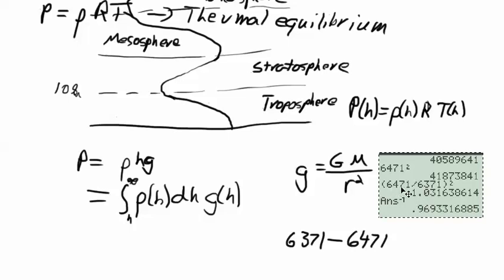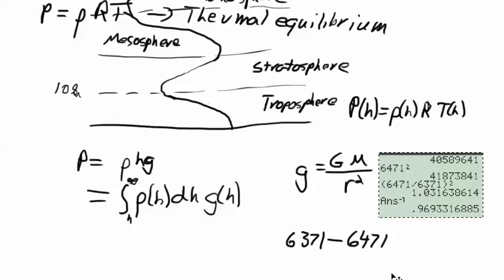You can see 6,471 divided by 6,371 squared is 1.03, or the reciprocal 0.969. So the gravitational field up above is about 3% less than the gravitational field at the surface of the planet. So really, the gravitational field is approximately constant throughout the Earth's atmosphere.